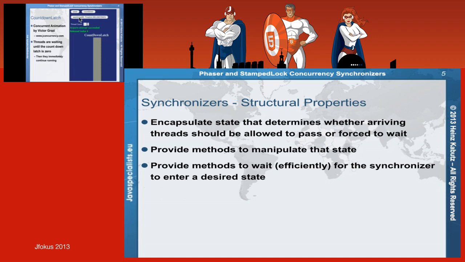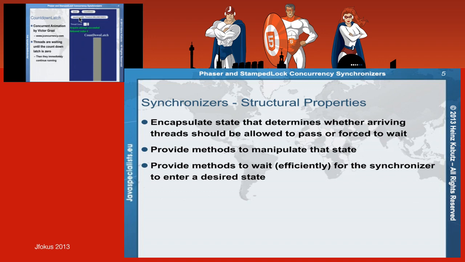So once we reach 0, it's open. And there's no way to reset it and to start again. So it's really a one-use class. And really the interface is what you see at the top there, await, countdown, and await with a timeout, and that's it. So if you want to do anything more complicated than that, with this particular class, you have to write the code yourself. And of course, that is inconvenient.